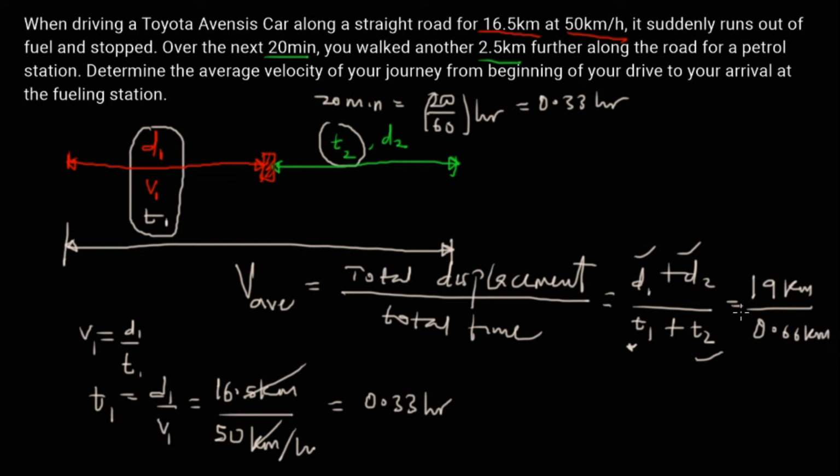So we have 19 divided by 0.66, which is equal to 28.78 or 28.79 by approximation, in kilometer per hour.